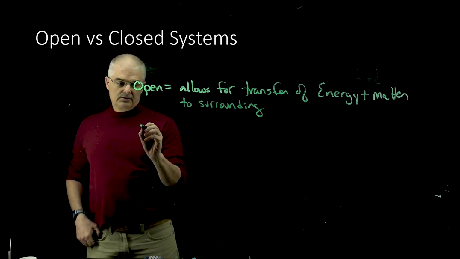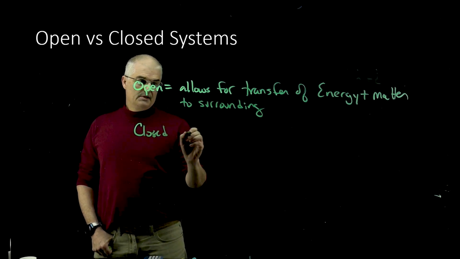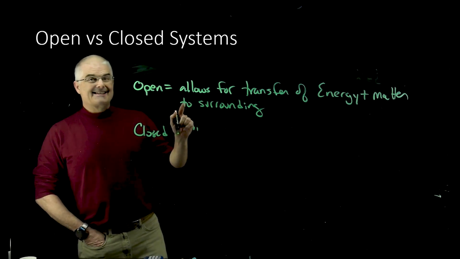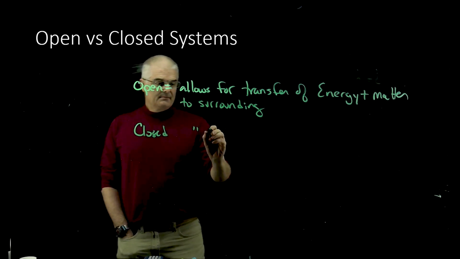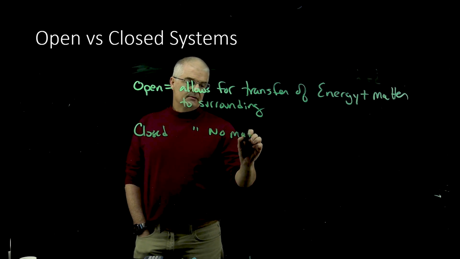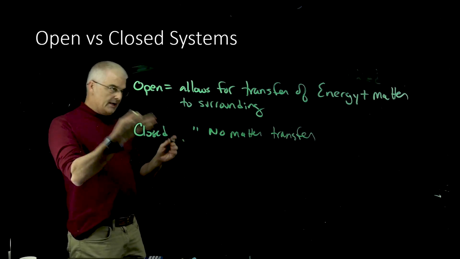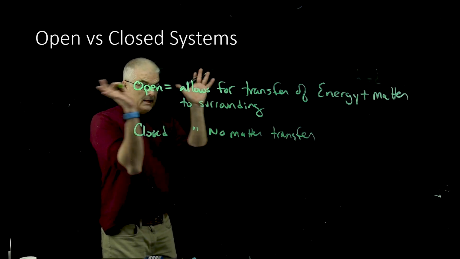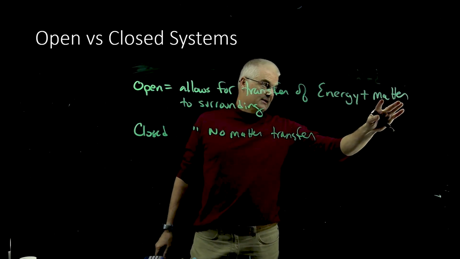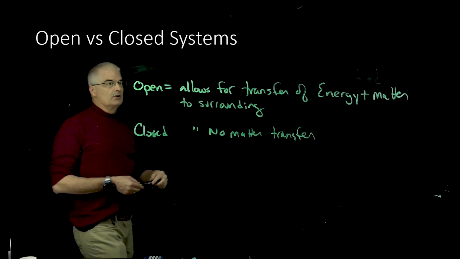Okay? And then the closed is the same thing, except it does not, basically, no matter transfer. So it allows for transfer of energy to the surroundings. No matter. I take this word out here. And that is what a closed system does.